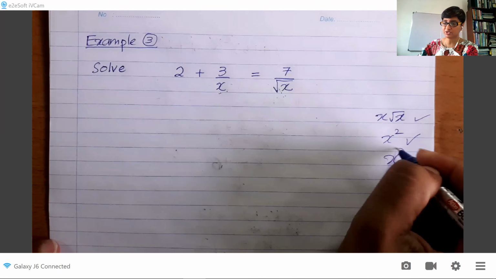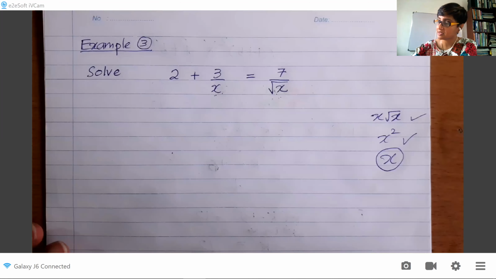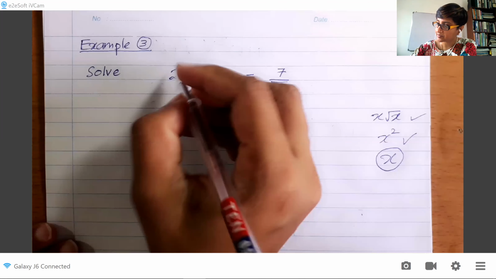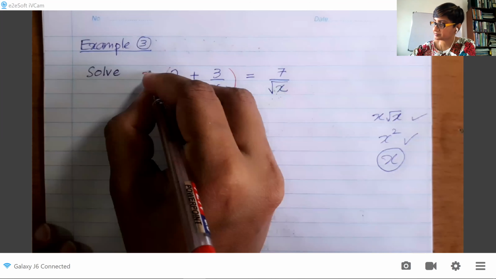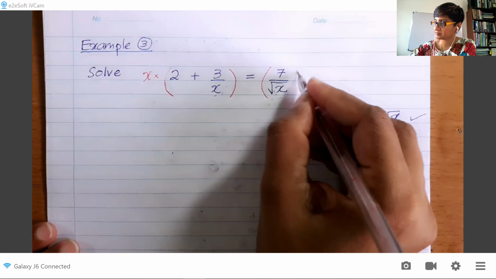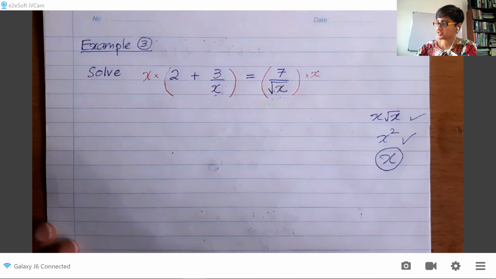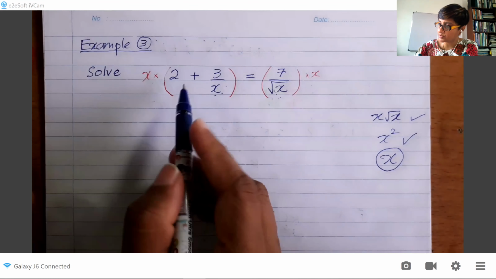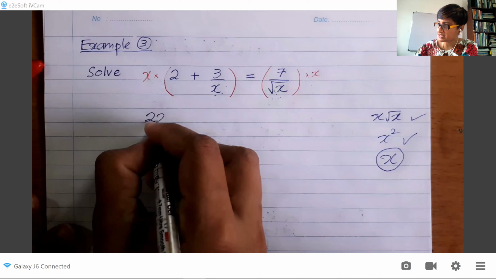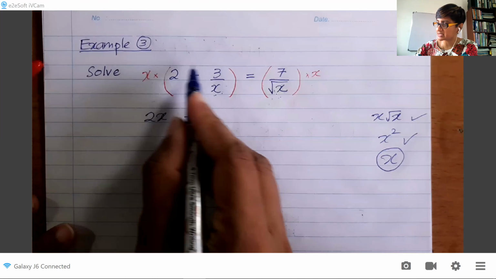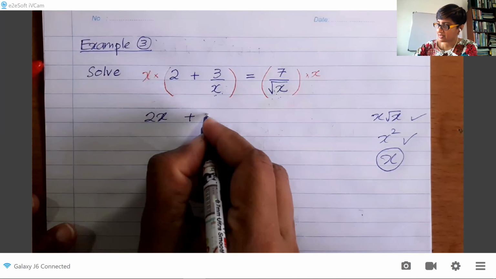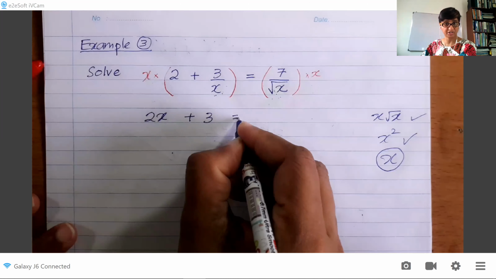So I'm going to multiply both sides by x. Each term gets multiplied by x. I get 2x plus, the x gets cancelled, 3. There you go. I got rid of the fraction there.